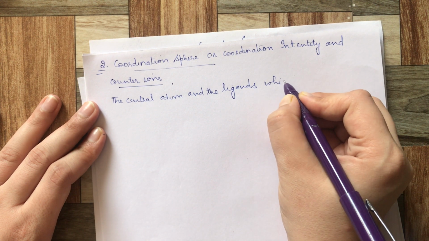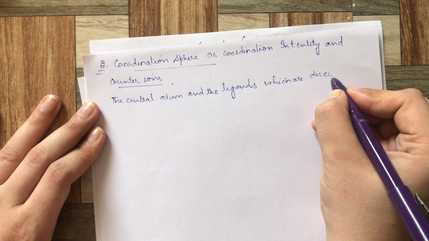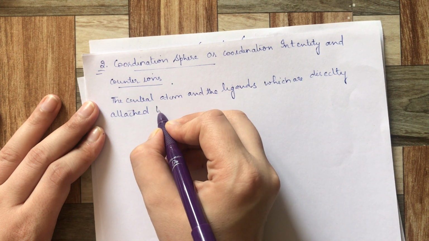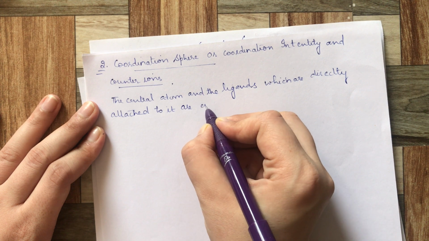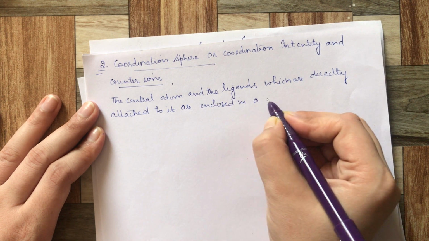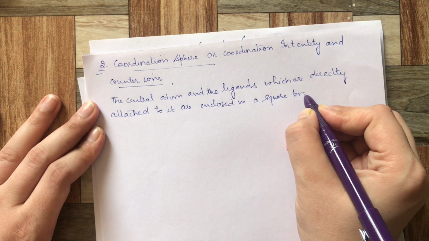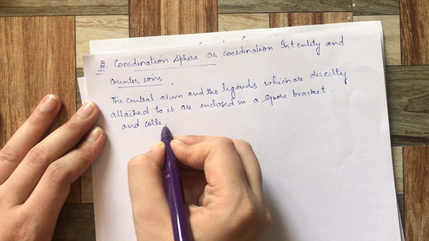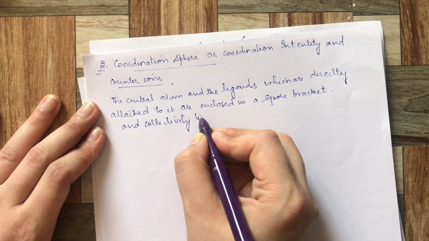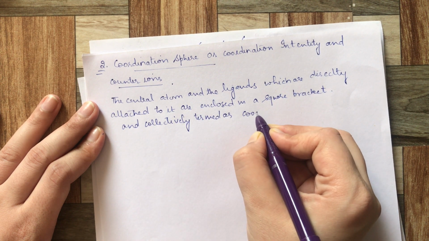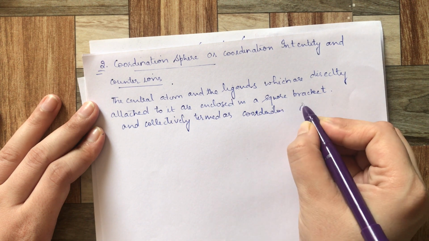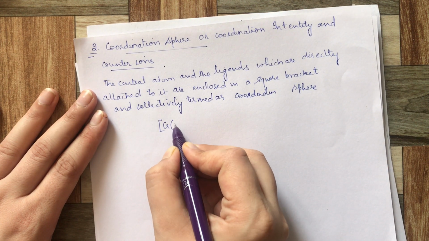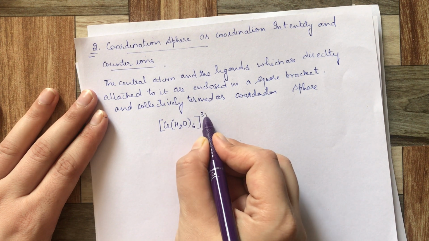The central atom and the ligands which are in direct contact, directly attached to it, are enclosed in a square bracket and collectively termed as the coordination sphere. So if you see, we have Cr(H2O)6 3+.